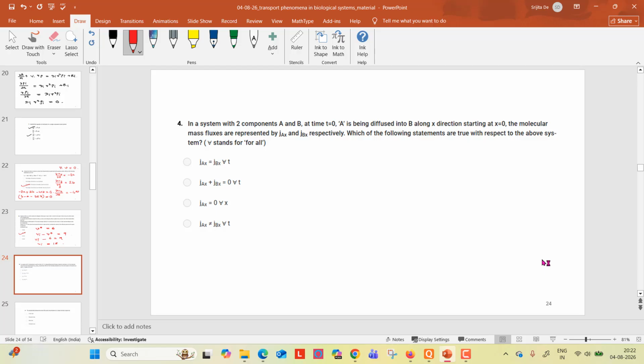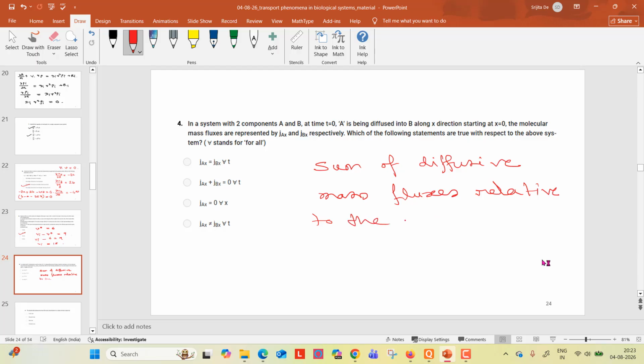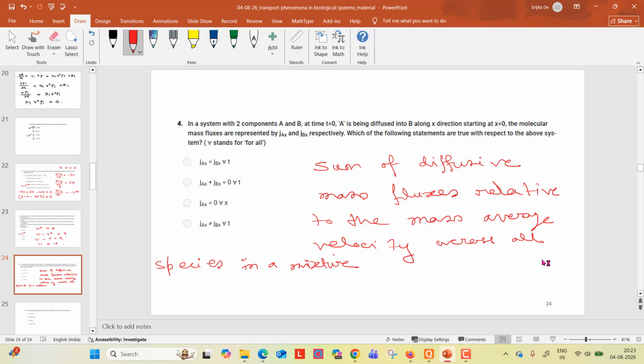Okay. By definition, we know that the sum of diffusive mass fluxes relative to the mass average velocity across all species in a mixture must be equal to 0.